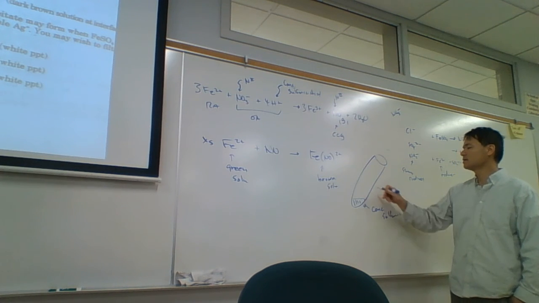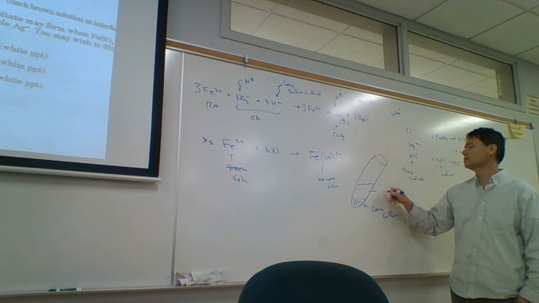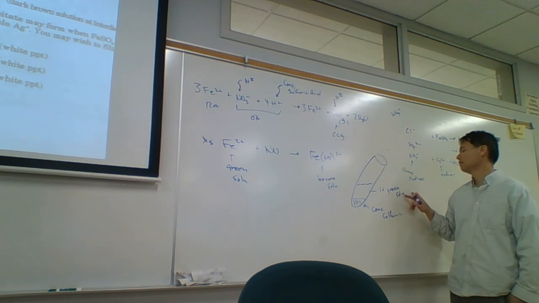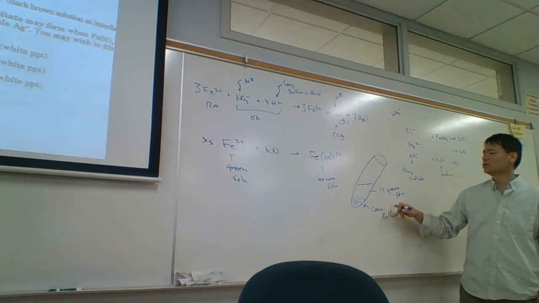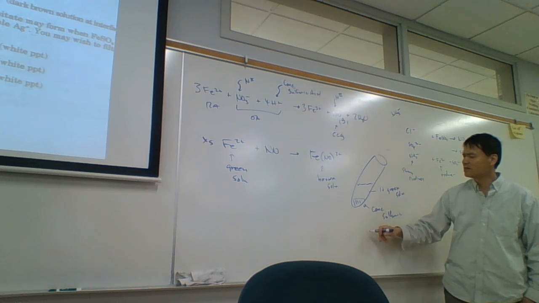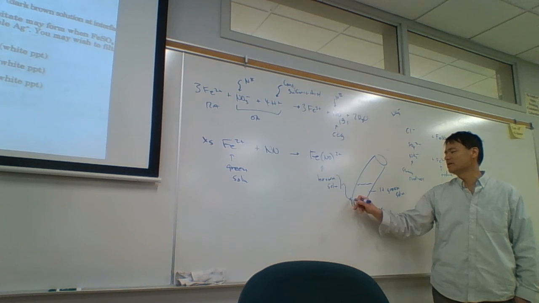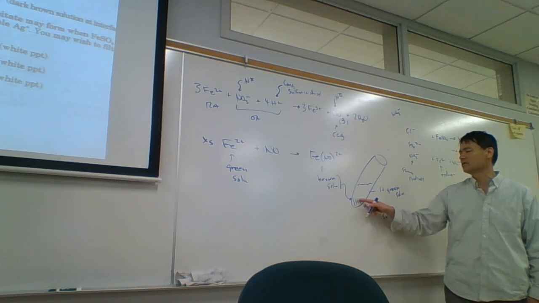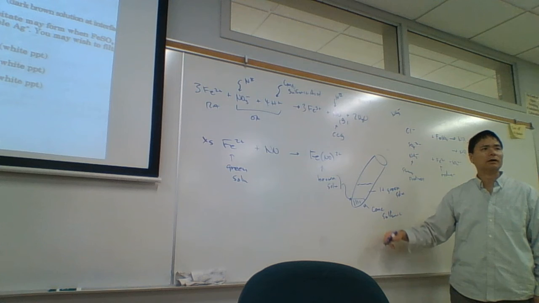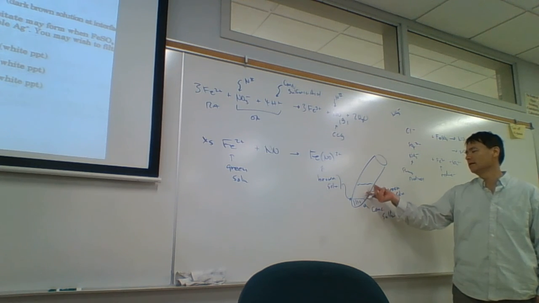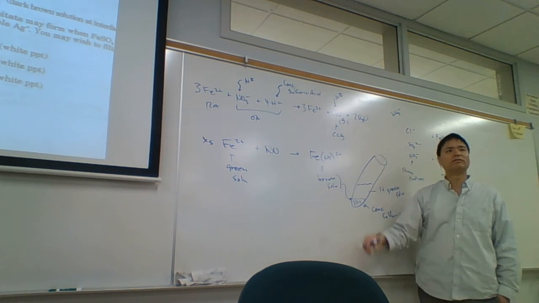We're going to have excess iron 2 up here. This is going to be light green solution, and this is not as dense. The brown layer should form right at the interface here. We should see a brown solution forming right here between the syrupy concentrated sulfuric acid and the iron 2 sulfate with nitrate.